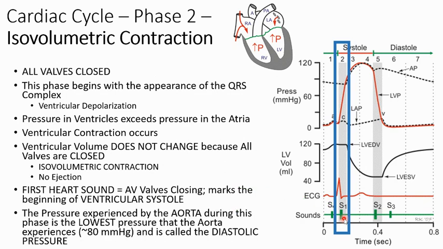The pressure experienced in the aorta, take a look right here, that dotted line, aortic pressure, is going to be at its lowest. There's no blood in the aorta. We didn't put anything in there. So here's your aorta right here. There's no blood in there. We're not allowing blood to go in there yet. So this is going to be the lowest pressure that the aorta is going to experience because there's no blood in the aorta.